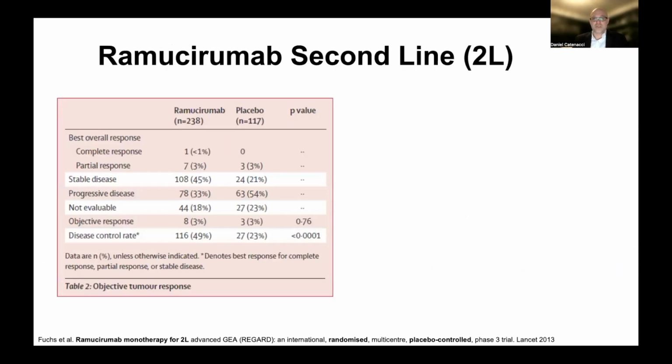Why do I show you this? Well, the response rates. There were 3% of patients enrolled in the placebo group, getting nothing else, no other chemo, no other treatments, that had official objective response.